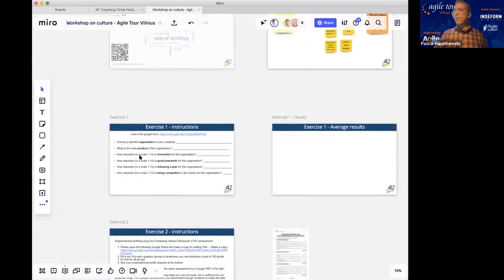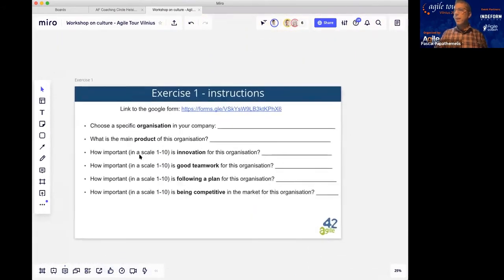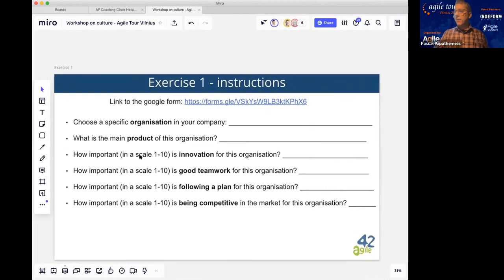We have a questionnaire. In that questionnaire, first select what organization you would like to consider, and then what product that would be. We don't need that information, it's just for you to note down and make it clear for yourself.